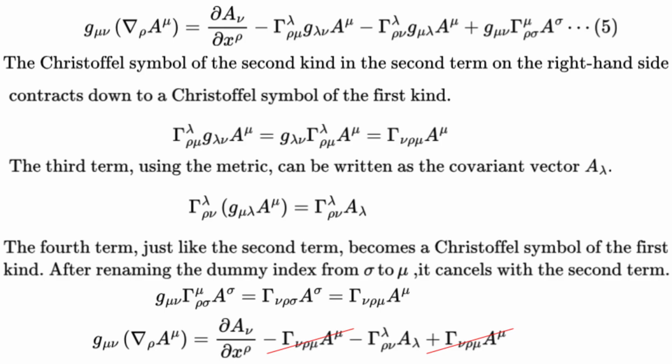The third term, using the metric, can be written as the covariant vector A lambda. The fourth term, just like the second term, becomes a Christoffel symbol of the first kind. After renaming the dummy index from sigma to mu, it cancels with the second term.